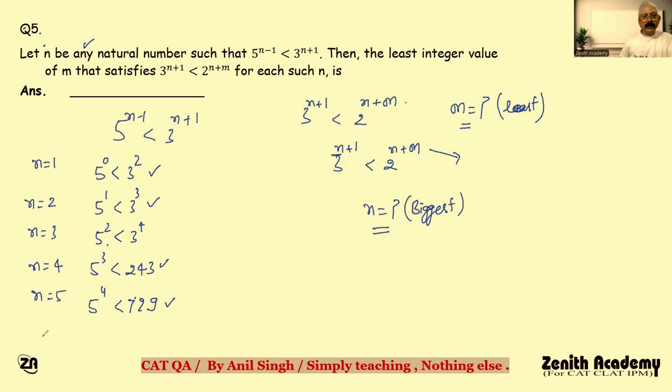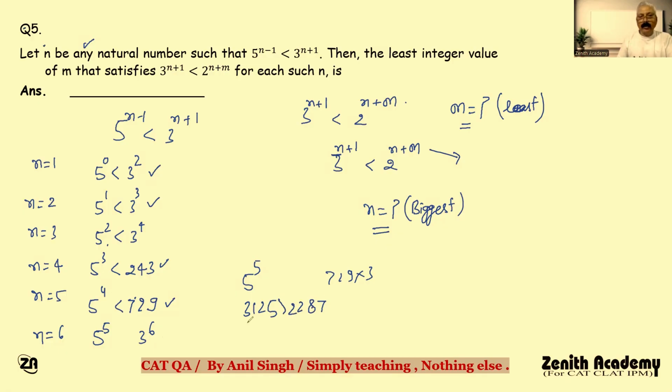But if you take n is equal to 6, then 6 minus 1, 5 to the power 5, and here it is 3 to the power 7. Now check it. 5 to the power 5 is 3125, and 3 to the power 7 is 729 multiplied by 3 more, which is 2187.